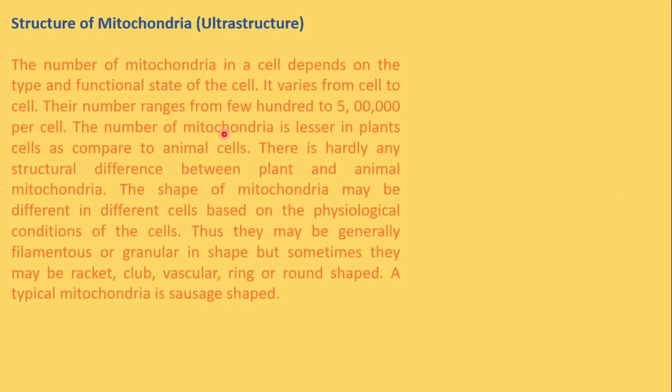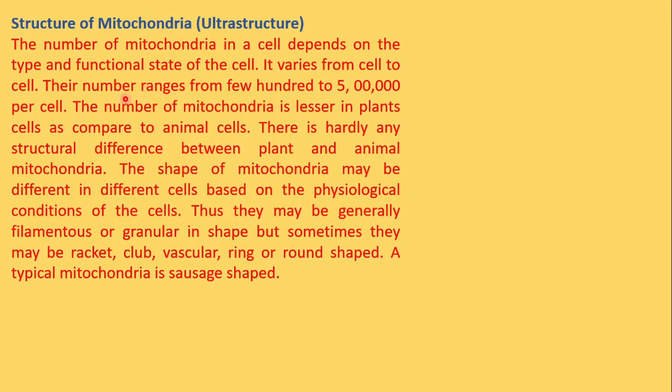Now we will see the structure of mitochondria. The number of mitochondria in the cell depends upon the different types of cells or the functional and physiological state of the cell.